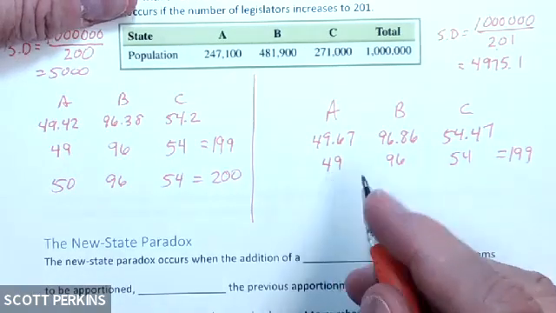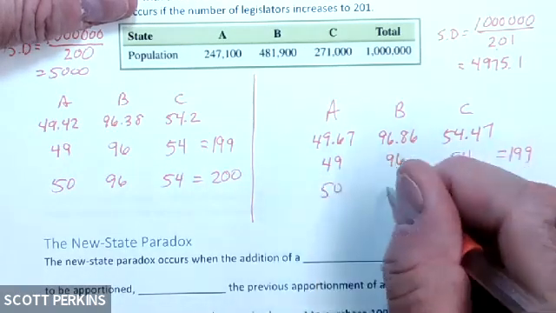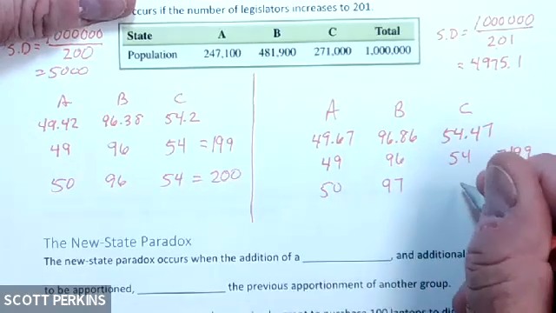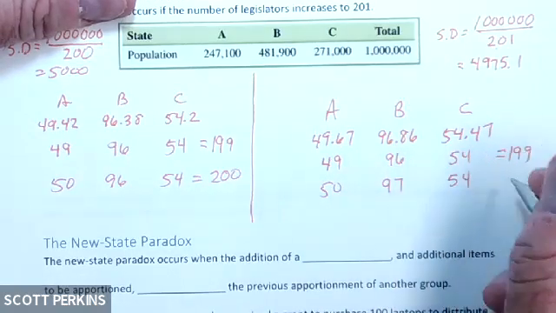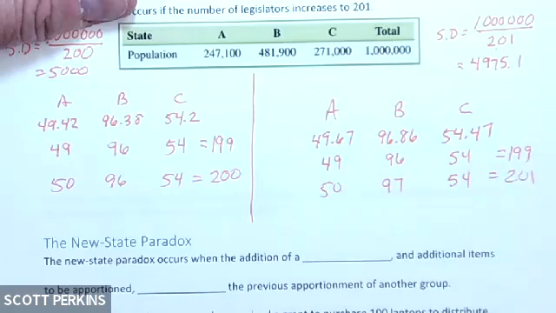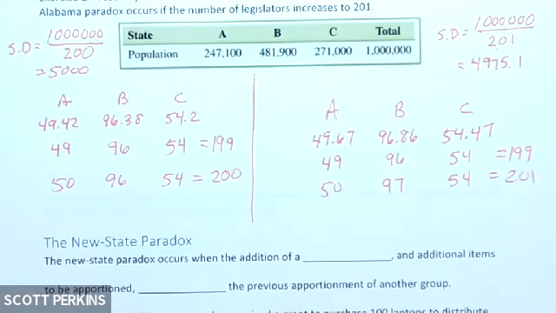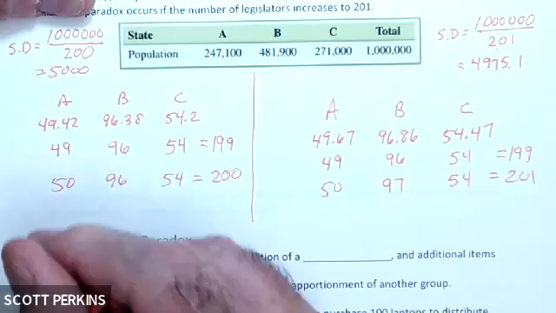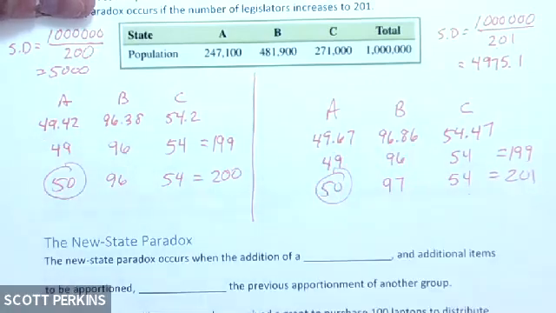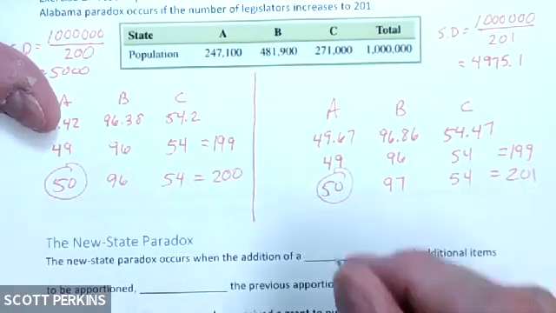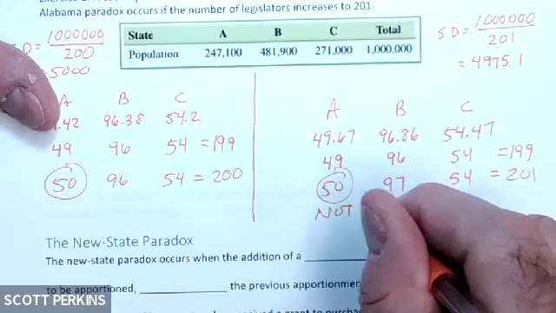A and B. So A becomes 50, B becomes 97, and C becomes 54. It stays 54 rather for 201. Did this time the Alabama paradox happen? Did the state that gained before lose this time? No. A stays at 50. So this is not the Alabama paradox. So there it is.